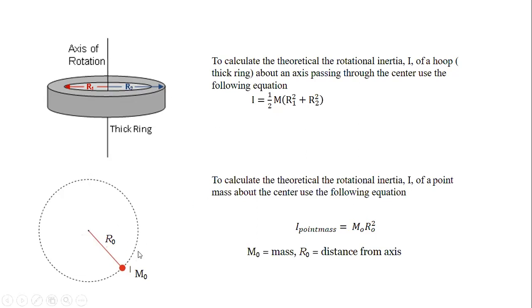For a point mass, we can use this equation, which is m r to the power 2. M is the mass of the point mass, and r is the distance from the center or the rotational axis to the mass. And remember, in the experiment, we use 2 point masses. So when you're calculating the moment of inertia for the point masses, it should be twice this one.